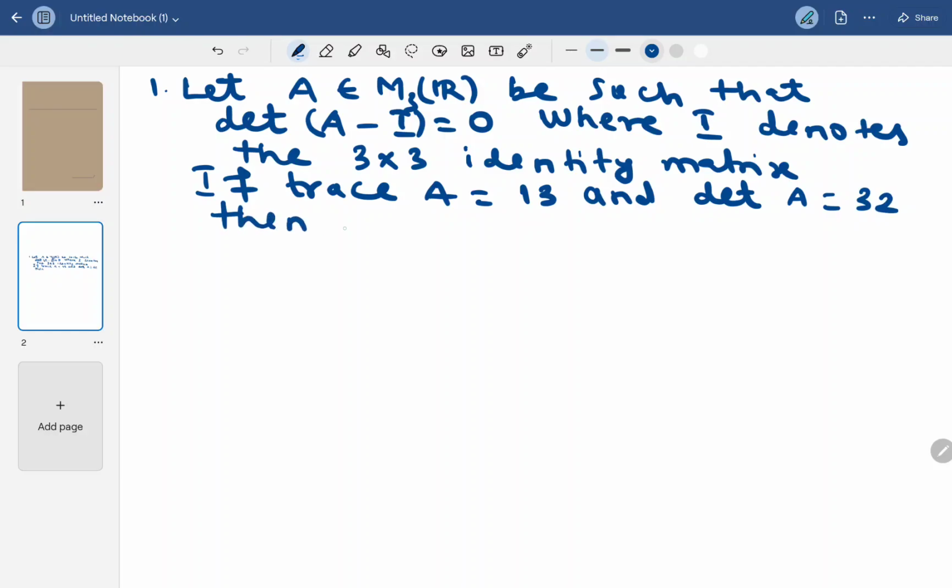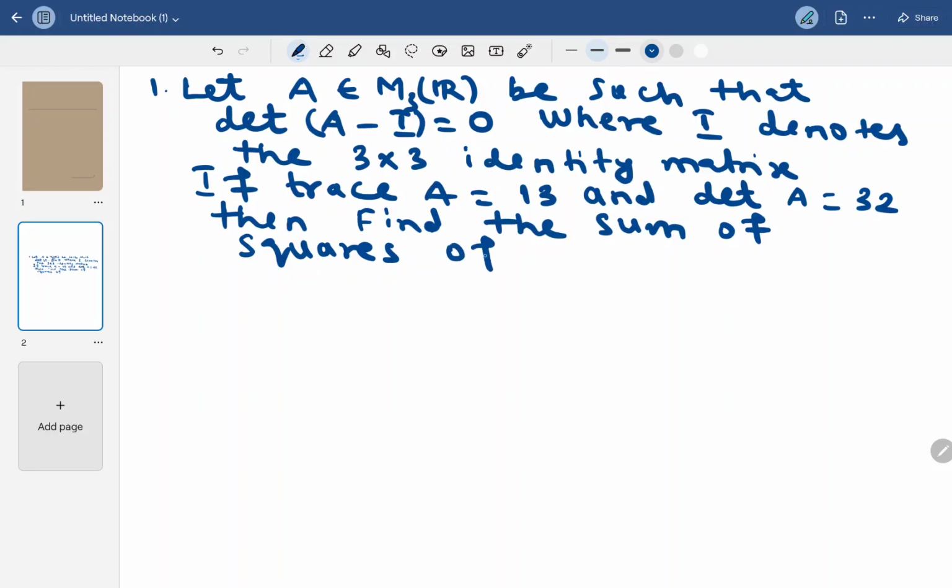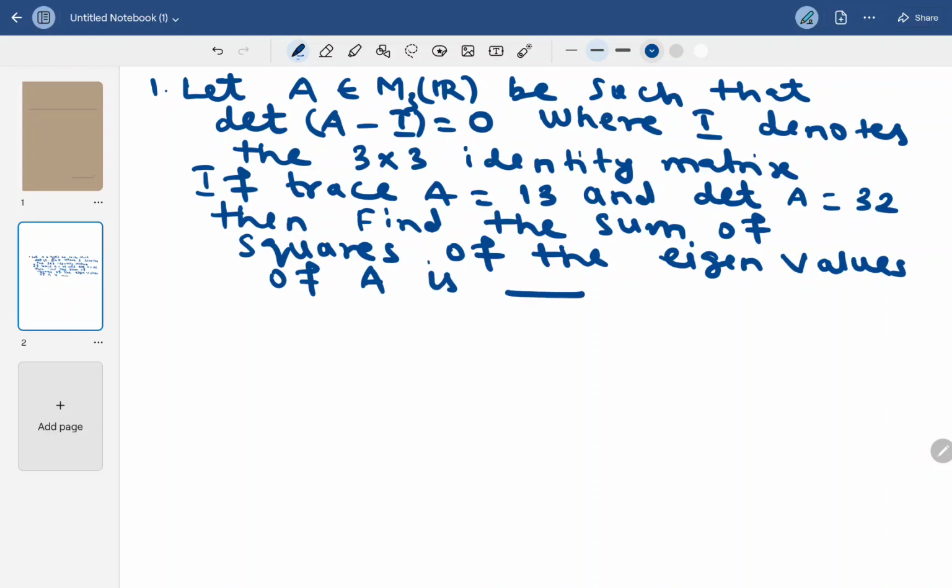Then you have to find the sum of squares of the eigenvalues of A. The problem was asked in GATE 2014 for 1 mark.